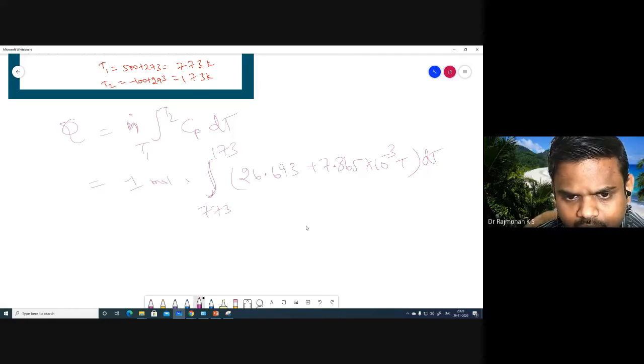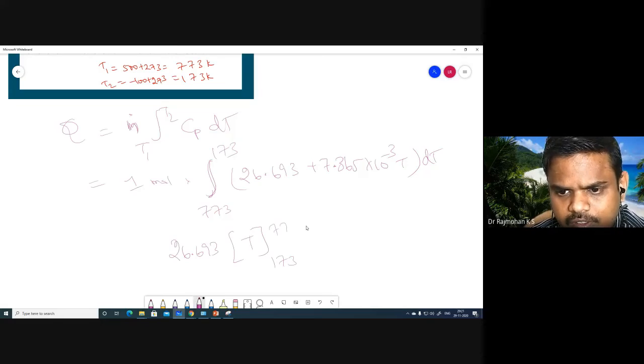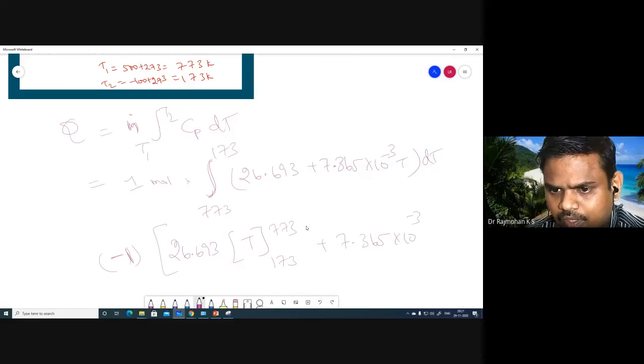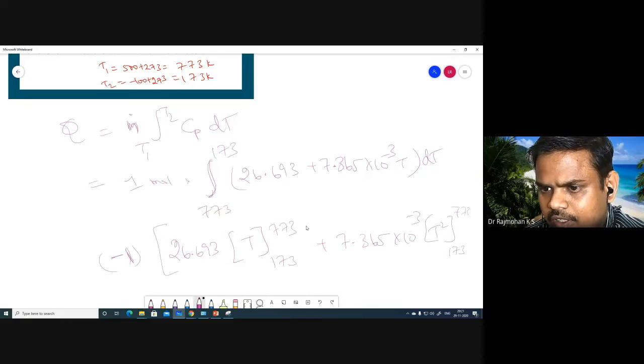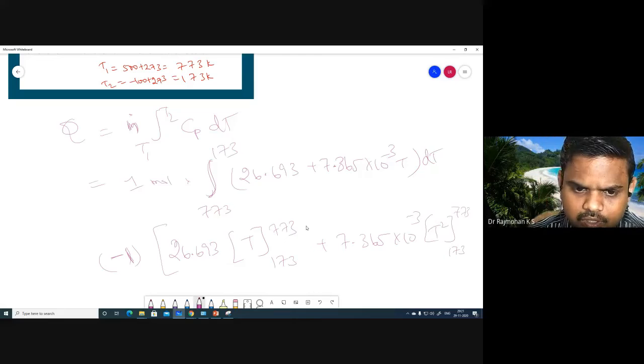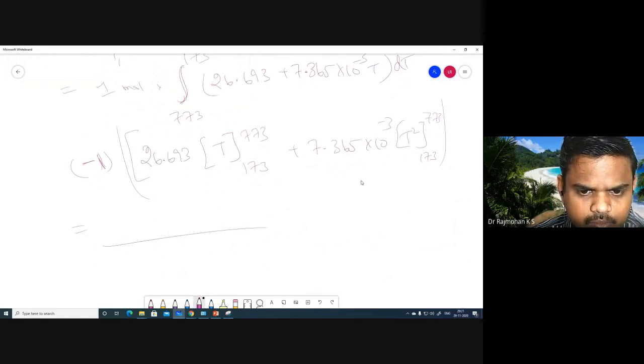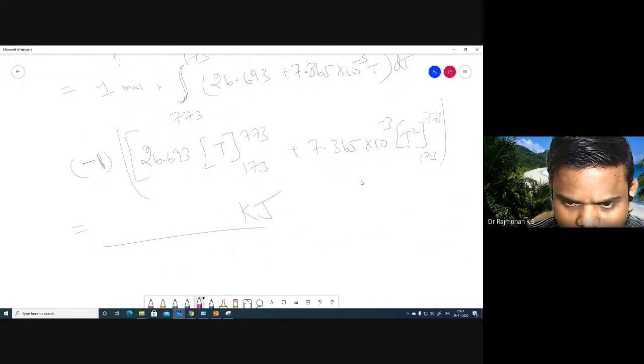So integrating 26.693 into T between the limits 173 to 773, plus 7.365 into 10 to the power minus 3, and I am putting one minus 1 here so that the limits can be changed, into T square between the limits 173 to 773. So you'll get the heat to be rejected from the system, check in kilojoules.